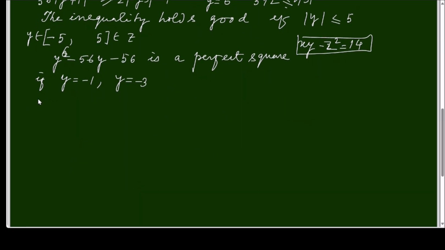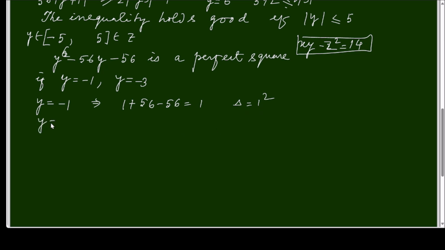If y is equal to minus 1, then y to the power 6 is 1. This will be plus 56 minus 56, that is 1. It is a whole square, the discriminant is equal to 1 square.